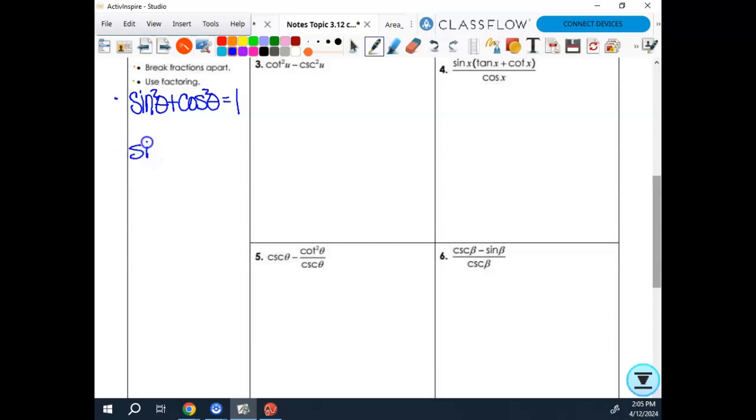Sine squared theta, if I subtract 1 over here, I got to move that over there, and that's minus cosine squared. So it's negative cosine squared. But here, if I just subtract sine squared from both sides, I get cosine squared theta equals 1 minus sine squared theta. These are two different things.